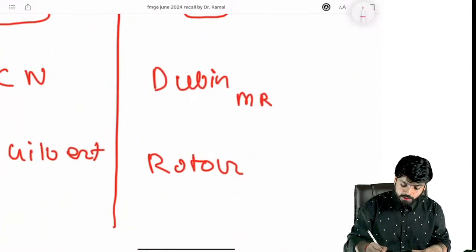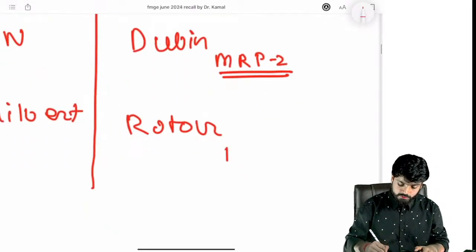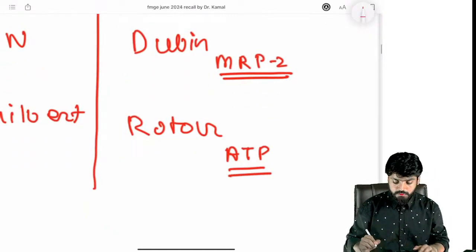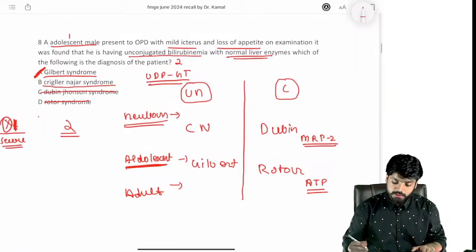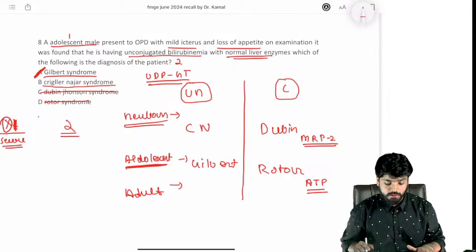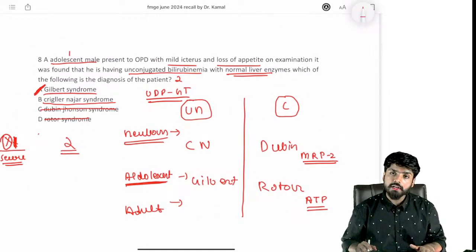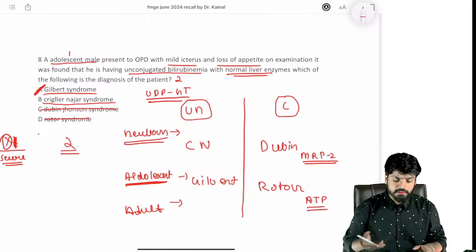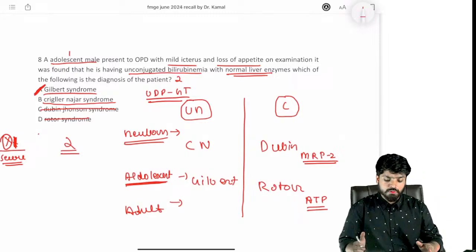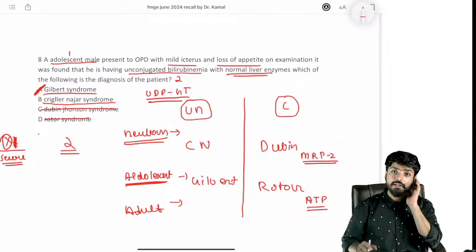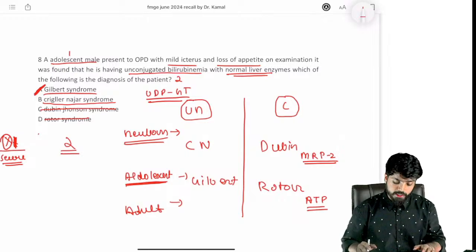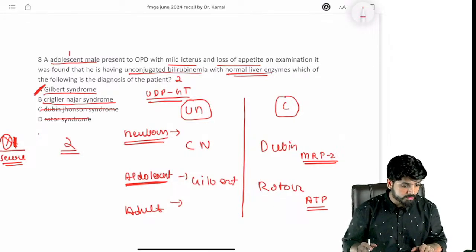We have MRP2, and in Rotor we have OATP. So this is some information about congenital bilirubinemia in biochemistry. It's also seen in pediatrics. I don't know how we're going to separate this MCQ into biochemistry or pediatrics, but this is the basis we have to solve it with.